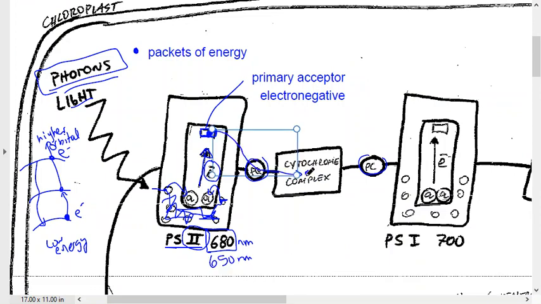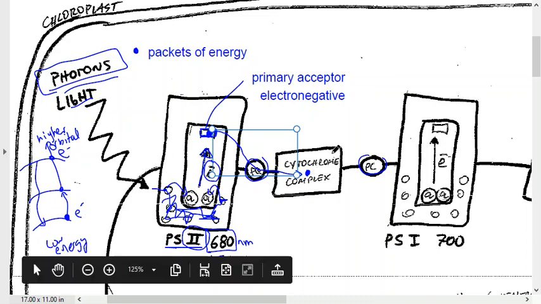In this case, after PQ, is the cytochrome complex, which is really, really similar to cytochrome in the electron transport chain of cell respiration. And this is a pump.